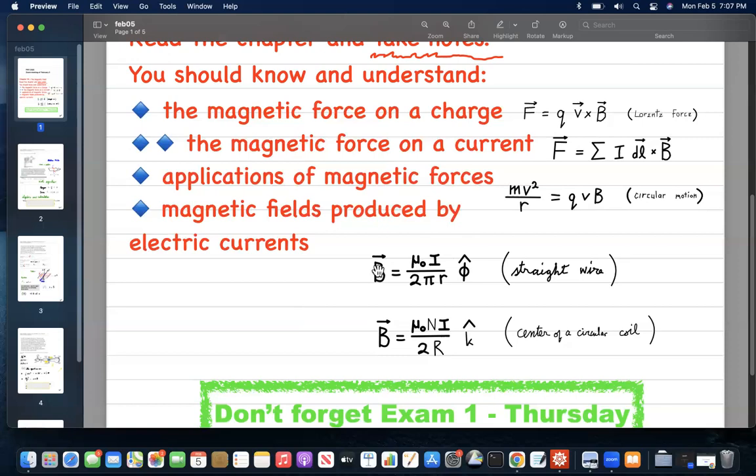So all the atoms have an associated circular motion of charge for the case of iron, nickel, and cobalt. And those magnetic fields of the individual atoms will all add up to make a macroscopic magnetic field.